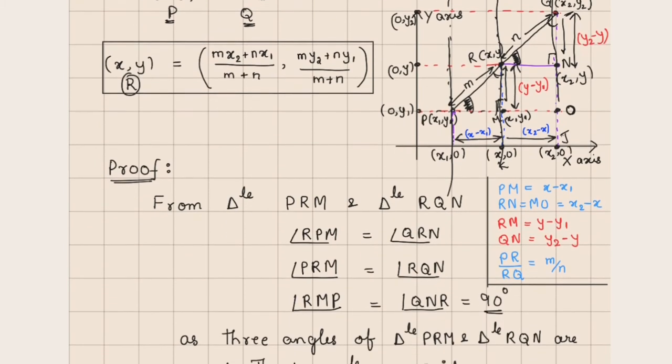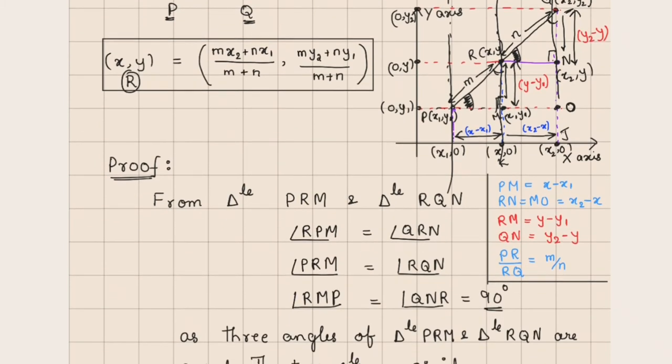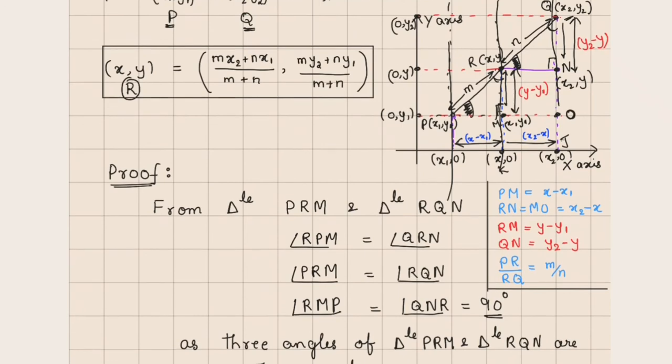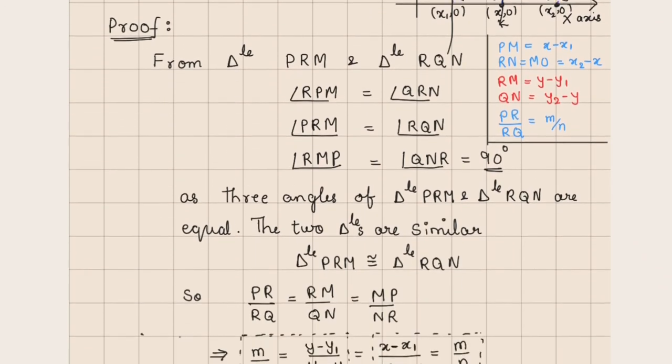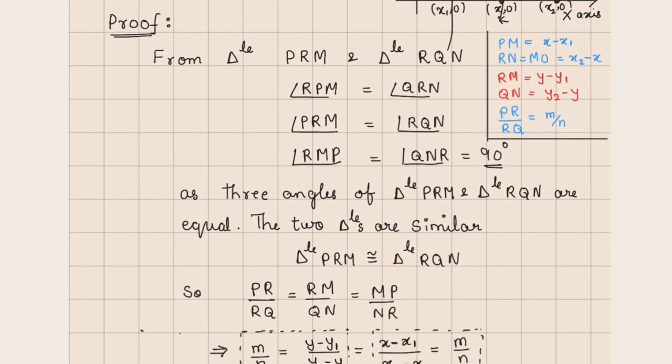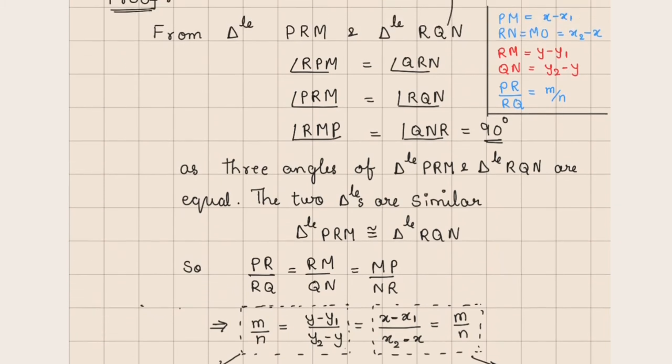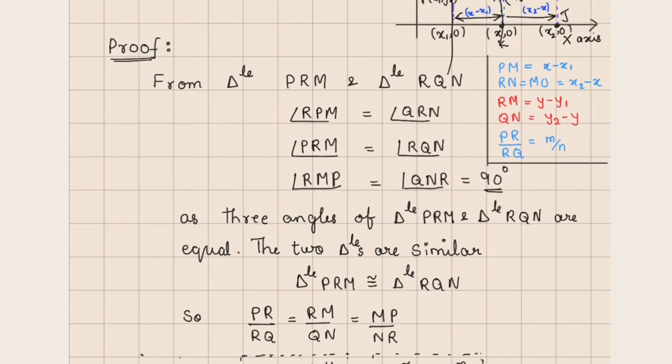So from that we got all the angles of triangle PRM equal to all the angles of RQN, corresponding angles. So from that what we can say is, if the three angles of two triangles are equal, then those two triangles are similar. If those two triangles are similar, then their corresponding sides are in proportion.